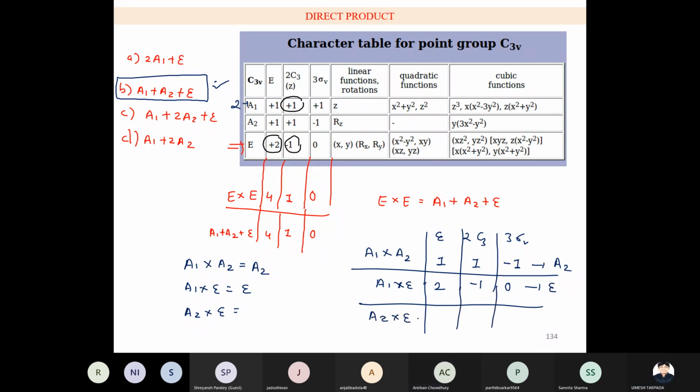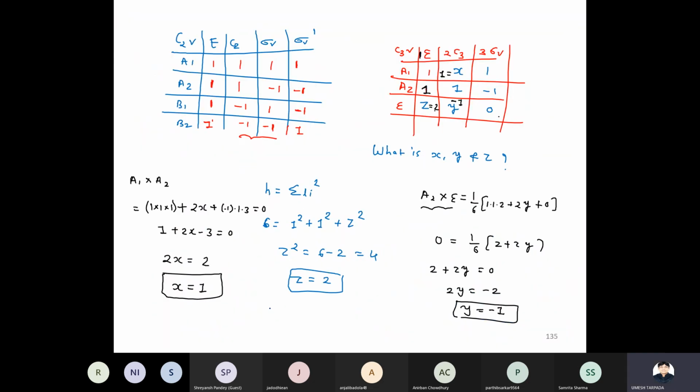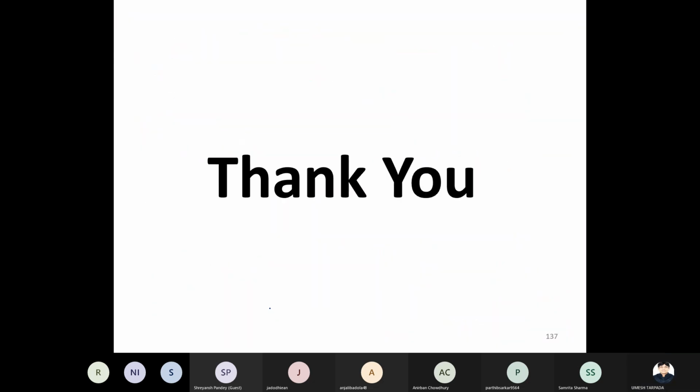E. So 2 into 1 is 2, minus 1, again 0, so it is E. Very good. So in this way you can calculate the direct product. Is there any doubt? No, sir.